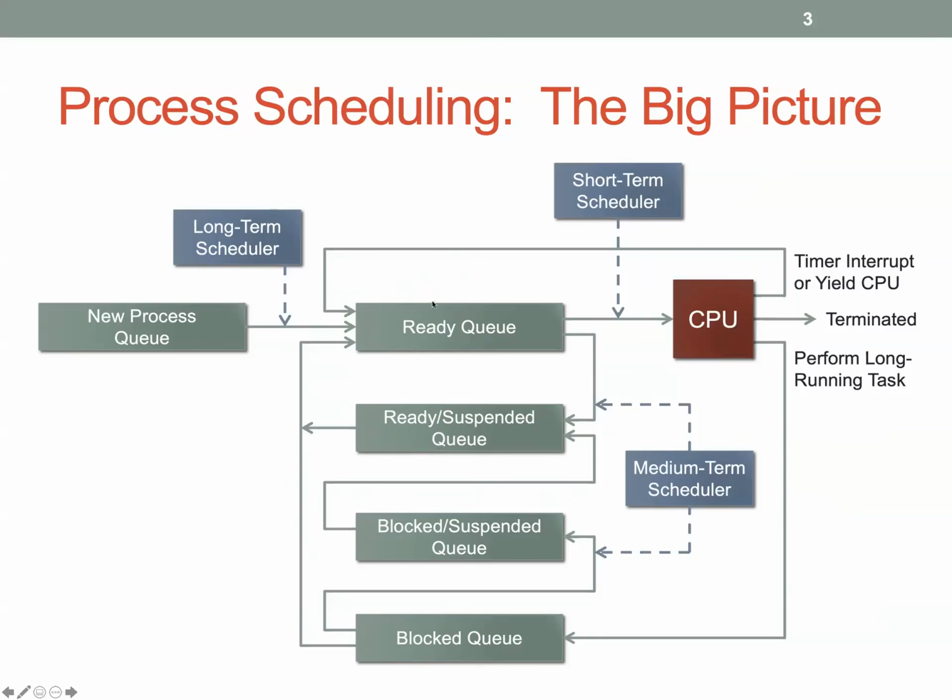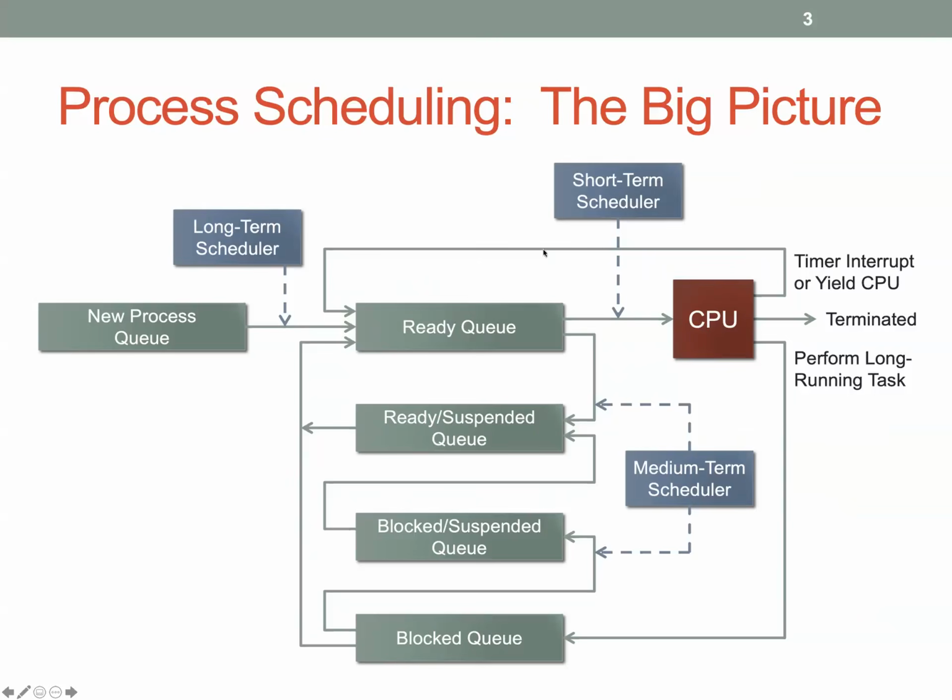They either get preempted and go back into the ready queue, or they may perform some task that blocks them, and so they end up on some blocked queue, and the medium-term scheduler is able to move them in and out of being scheduled, so that's why we have separate suspended queues.